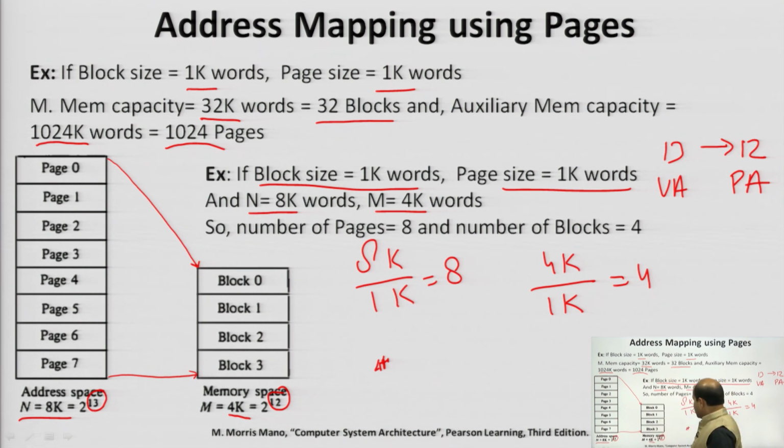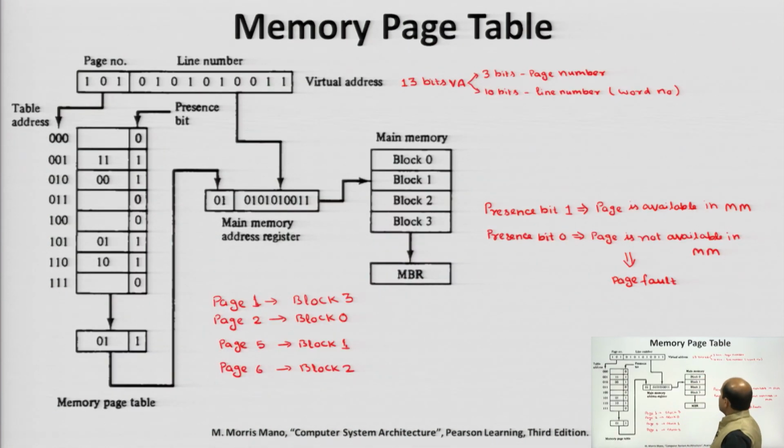So, again we will use this memory page table. Now, one example is given: 101 0101010011. This is the virtual address of 13-bit given in this particular case, and we know 8 pages reside in auxiliary memory area or in address space.